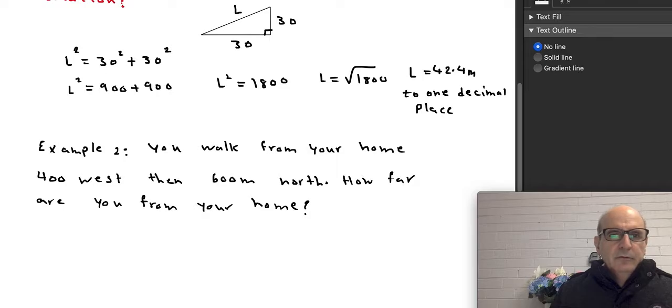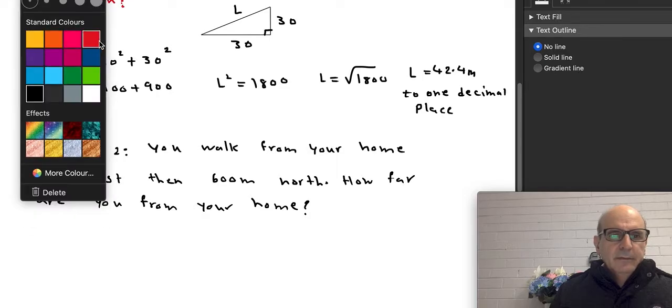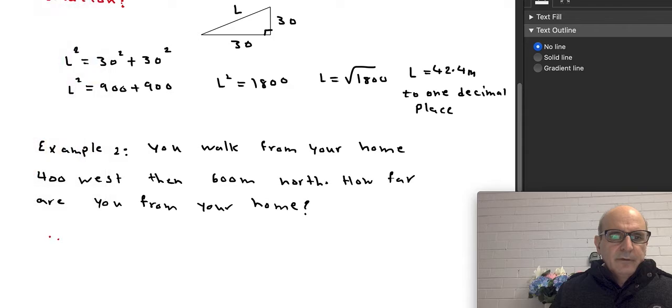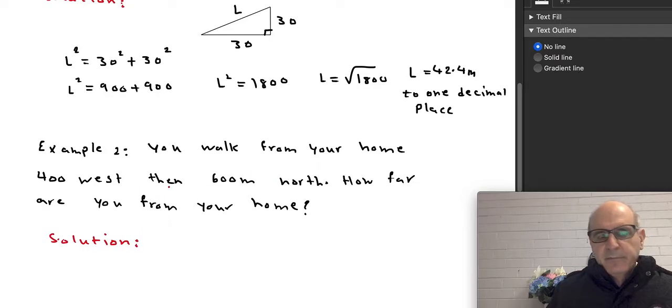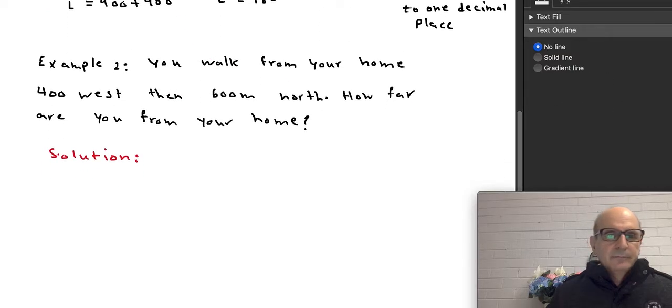So here what you need to remember is these two directions are perpendicular to each other. So when you're walking west and then north, that will be perpendicular to each other.